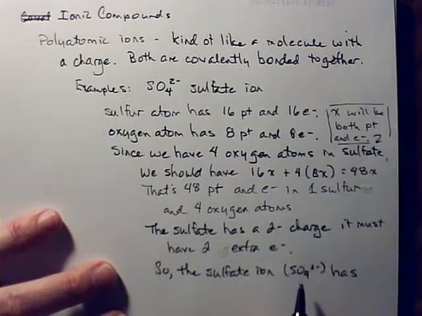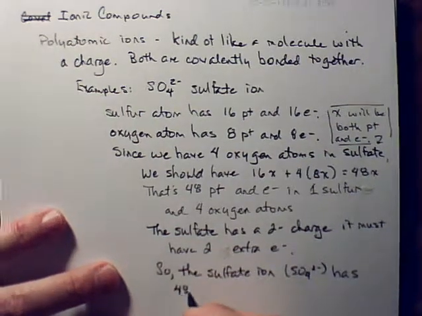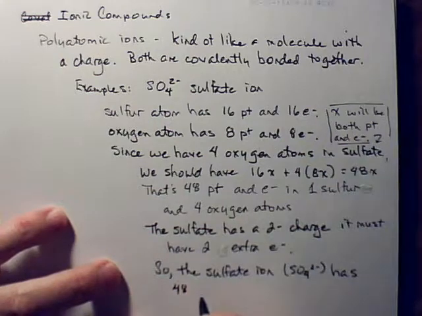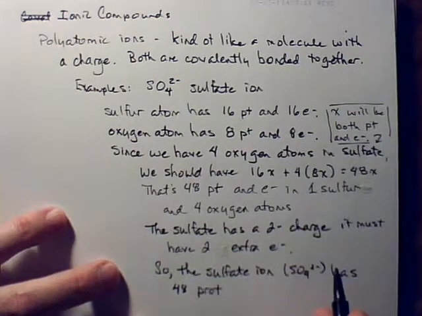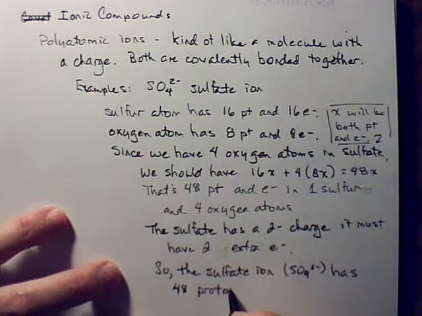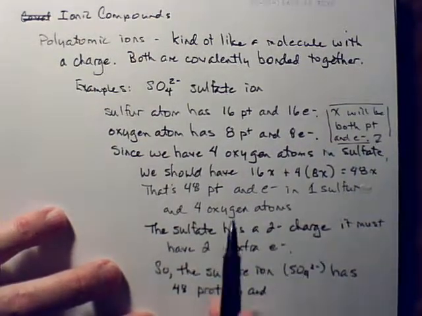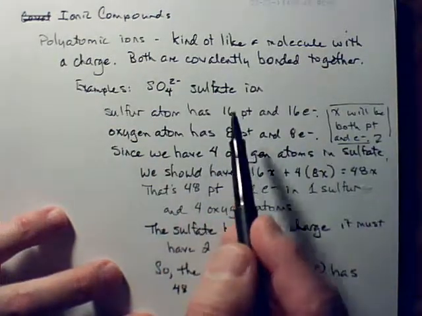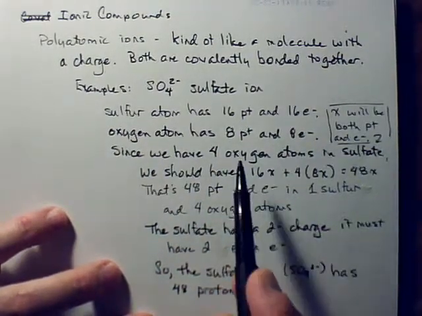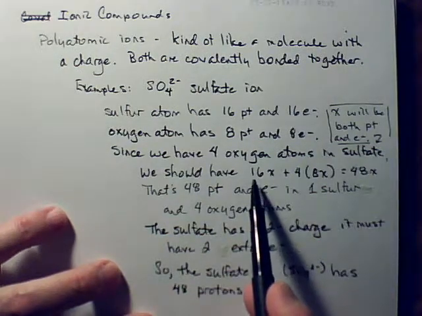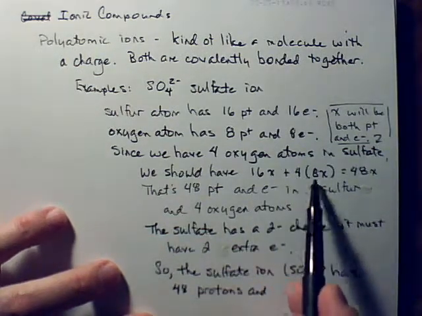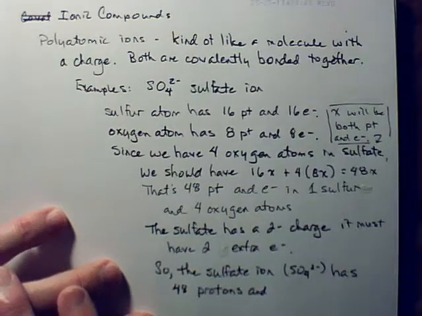If I have 1 sulfur and 4 oxygens, 48 protons. Because the sulfur has 16 protons, and oxygen has 8 protons. I have 4 oxygens, and the answer is 16 plus 4 times 8 gives you 48. That's where we got the 48 protons.